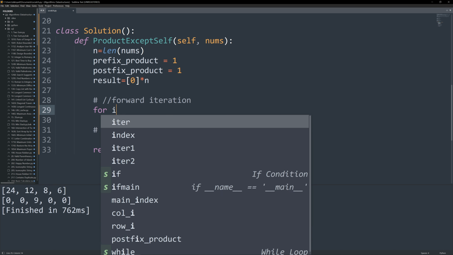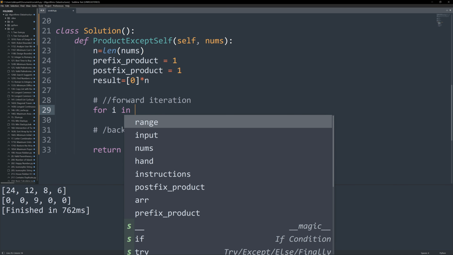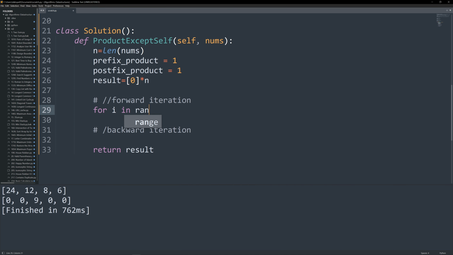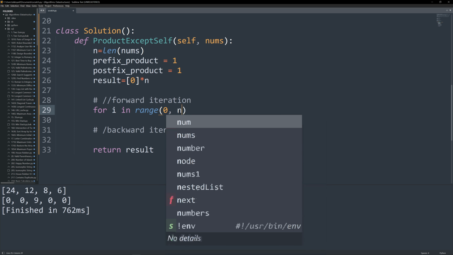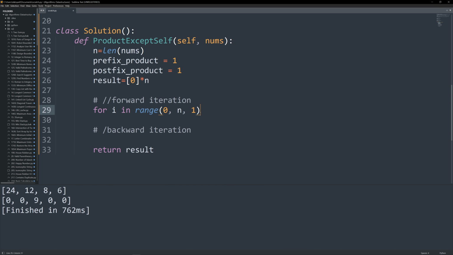So for i in range of 0 to n, this would be iterating over 0 to n minus 1. So basically up to n minus 1. So that is an iteration of n times.